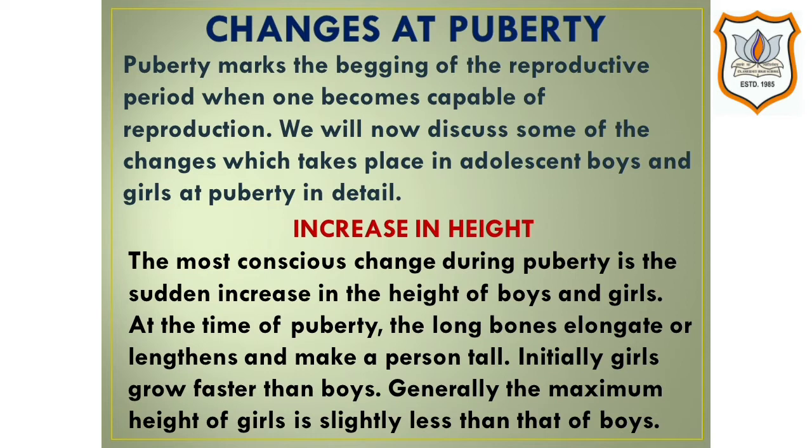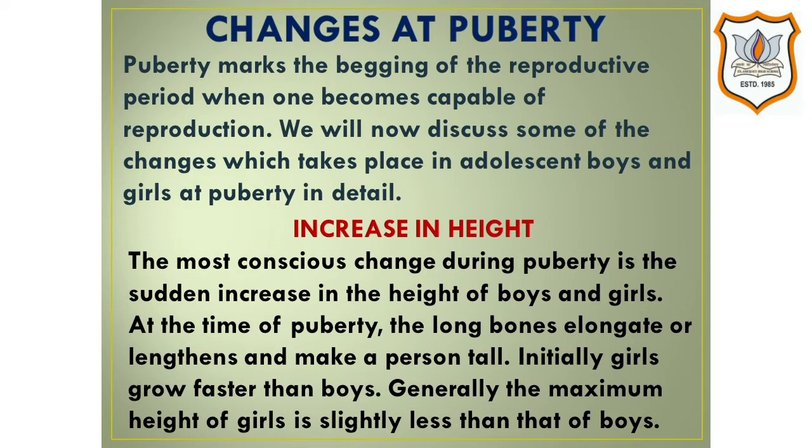The most conspicuous change during puberty is the sudden increase in the height of boys and girls. At the time of puberty, the long bones elongate. Elongate means increase in length or lengthen, and make a person tall.